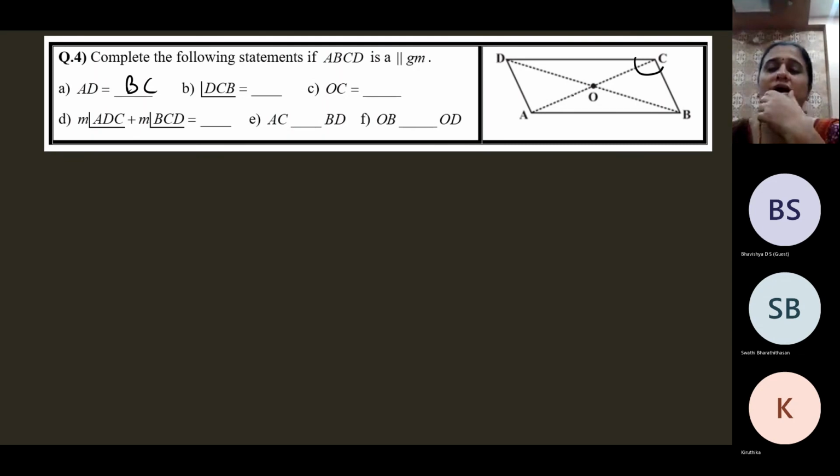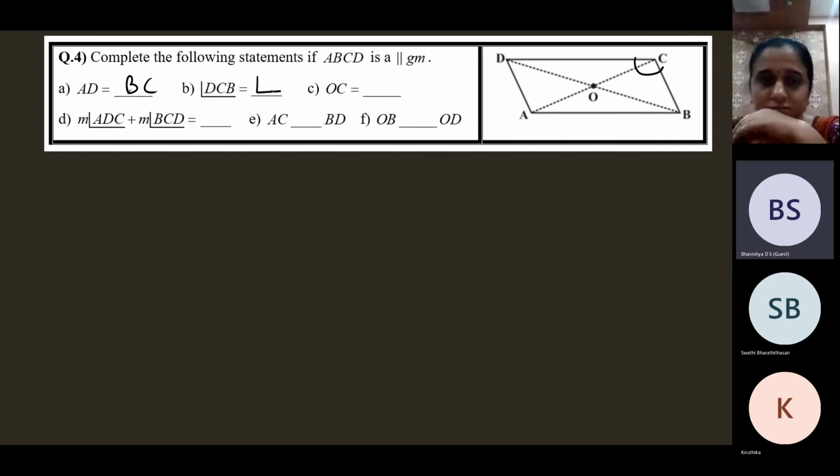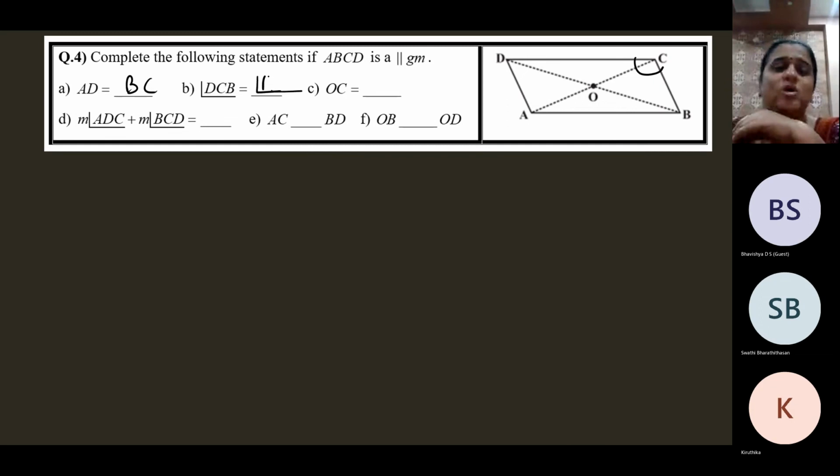Or you can also call that angle DAB as angle BAD. What is the property you're using here? Opposite angles of a parallelogram are equal. Opposite angles of a parallelogram are equal.